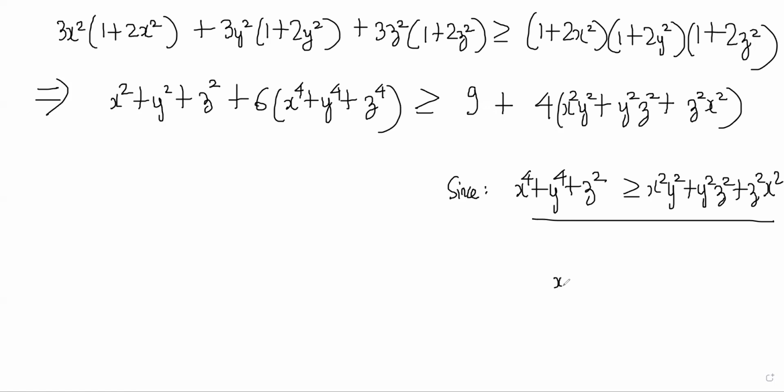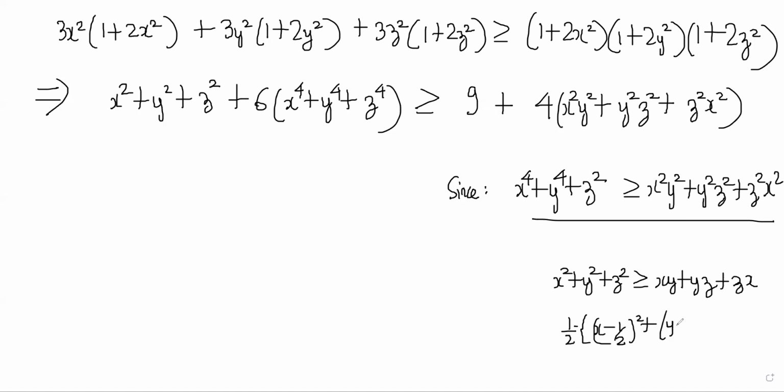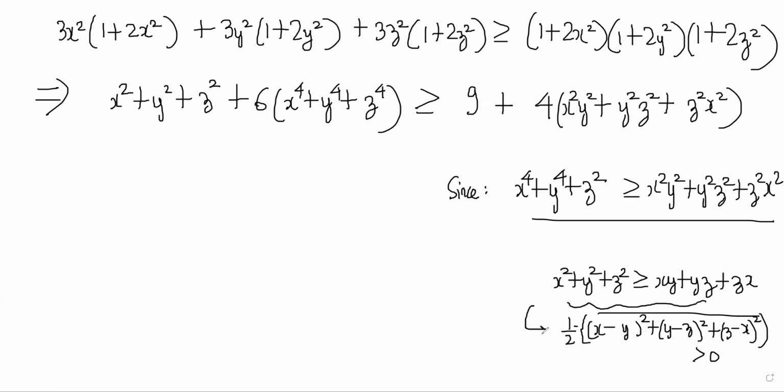Because this is always true: x square plus y square plus z square is greater than or equal to xy plus yz plus zx, because we can rewrite it as half into x minus y whole square plus y minus z whole square plus z minus x whole square is greater than or equal to 0, which is always true. This can be rewritten like this, therefore this is also true, right?